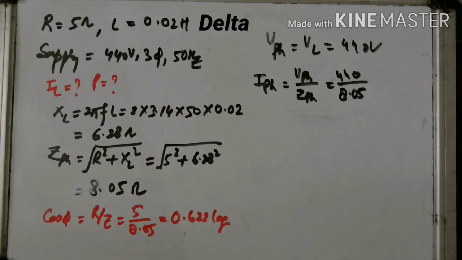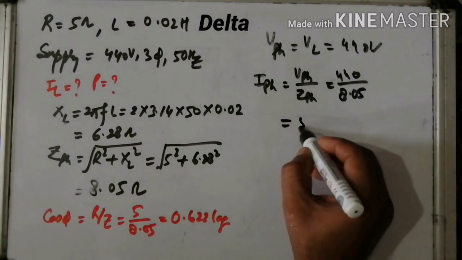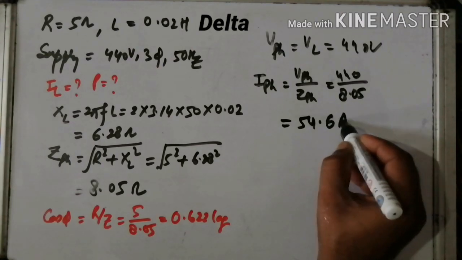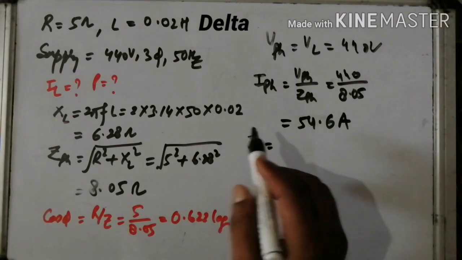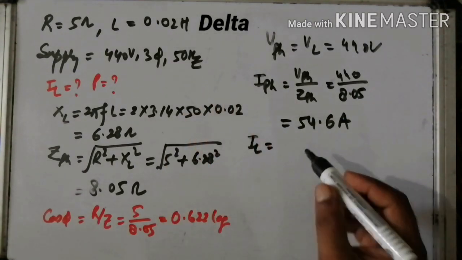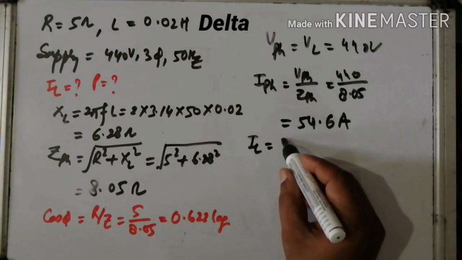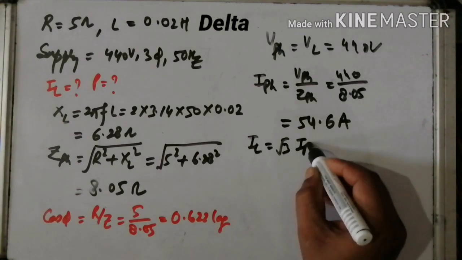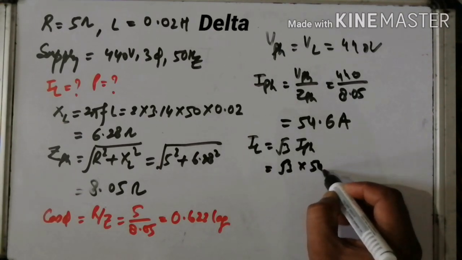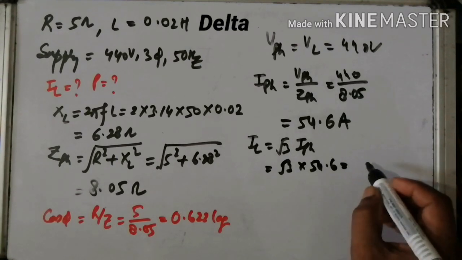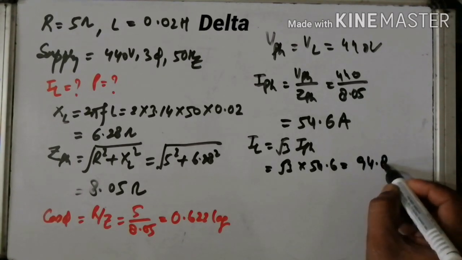So the current per phase is 54.6 ampere. And the line current, according to the delta, it is under root 3 times of IPH, under root 3 times of 54.6, that is 94.8.